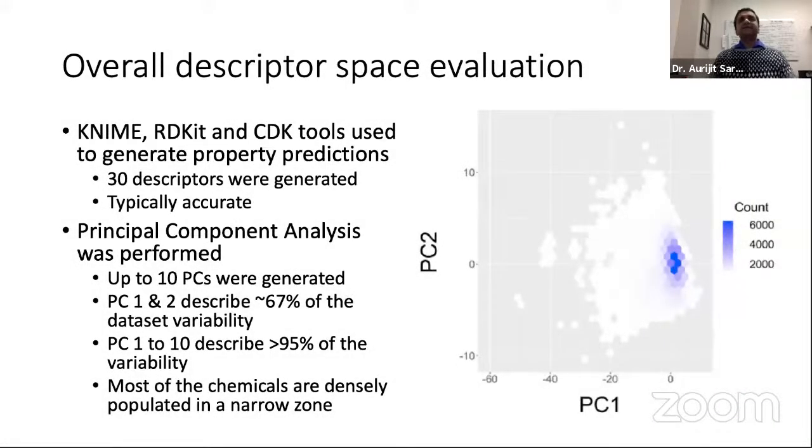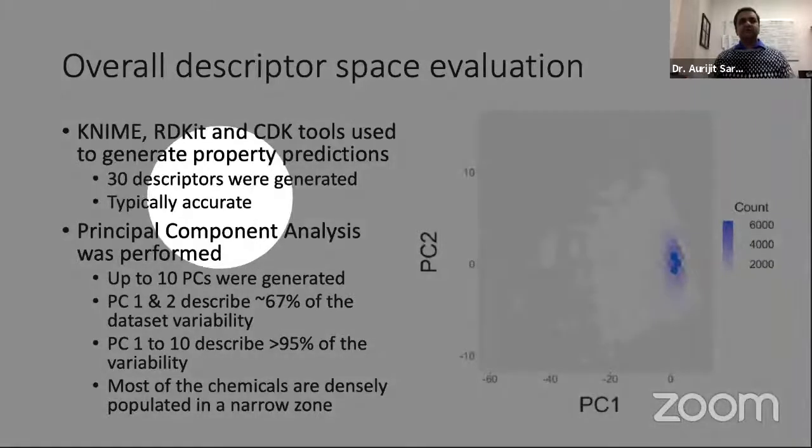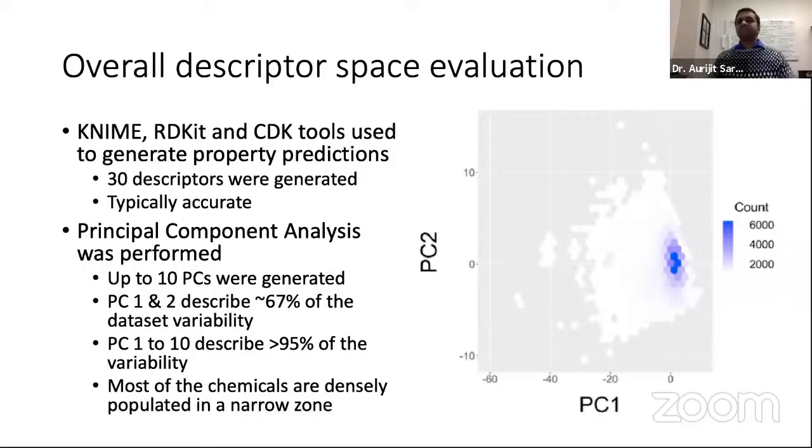These property generation methods are relatively accurate. So we are able to accept that this is an accurate, or at least close, representation of the true properties of chemicals. Now, 30 properties is a little difficult to actually visualize, except in a big table, which is not easy to comprehend.